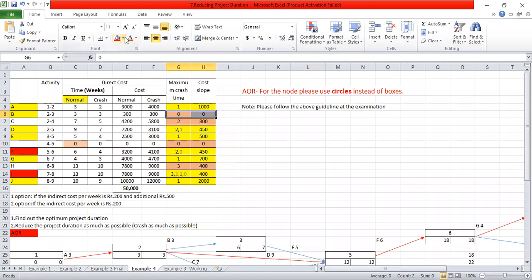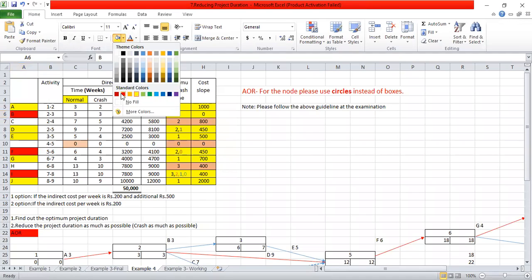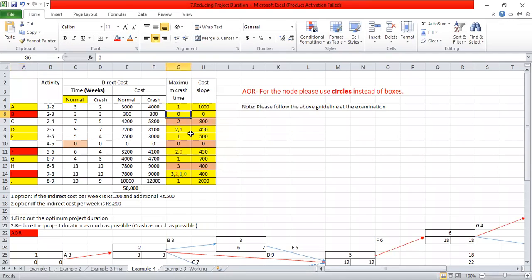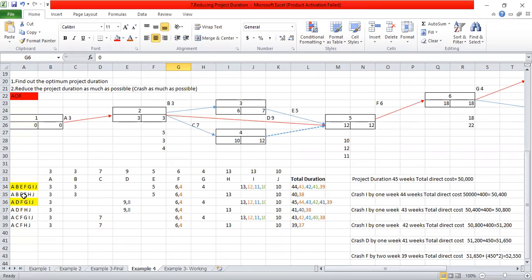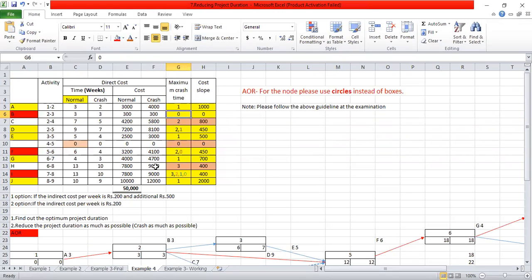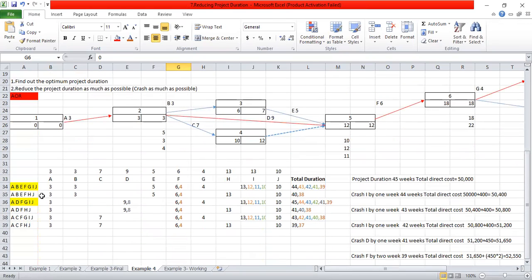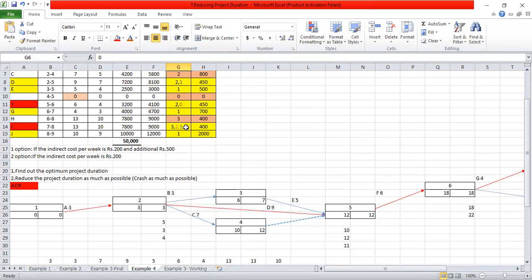The B activity also can be crashed, but the maximum crash time is 0, which means B cannot be crashed further. So the lowest cost: D is not a common activity for both paths. E is 500, and E is also not a common activity. G is 700. G is a common activity, right? J is 2000. So we can crash G.